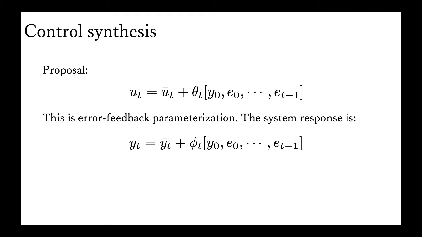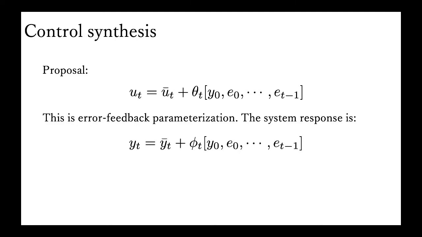So U at time t is U bar, which is a term that we have to choose, plus theta, which is a gain matrix that is also a parameter that we have to design, times the history of errors of the system, which start with the initial output and E0, error at time 0, all the way up to E_{t-1}. Just note that at time t, all these error terms can be observed from the output predictor system, because the outputs of the system can be observed, and we have M and N matrices, so we can compute these error terms.